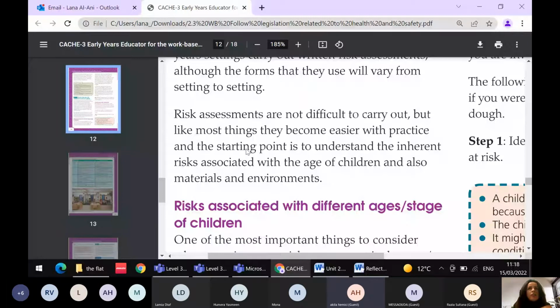Then I need also to remove any items which are dangerous for the children, and also record my findings and my risk assessment, and when I did it, record it in detail. And this recording is very important. So if any accident happens after I've done my risk assessment, then I can monitor this risk and maybe change my risk assessment in the future to make it more suitable.